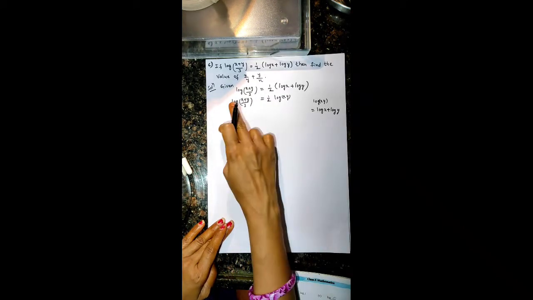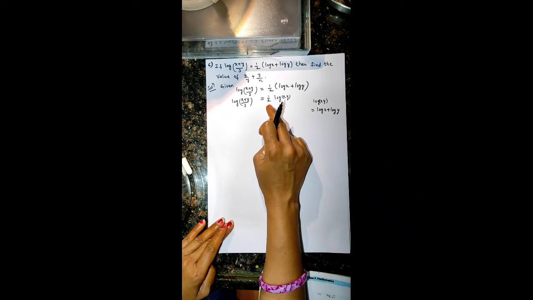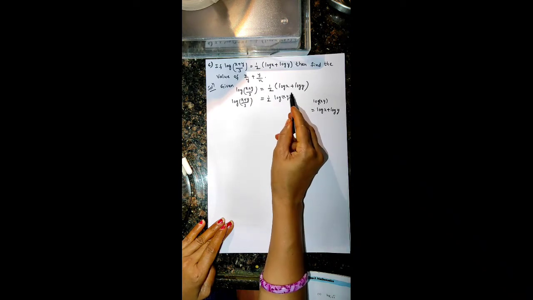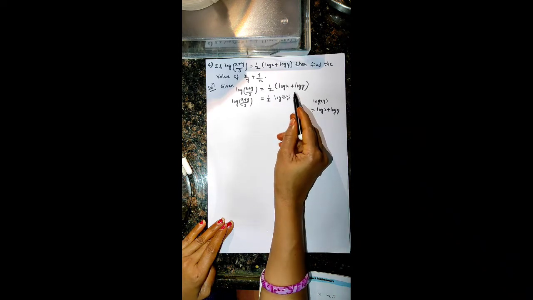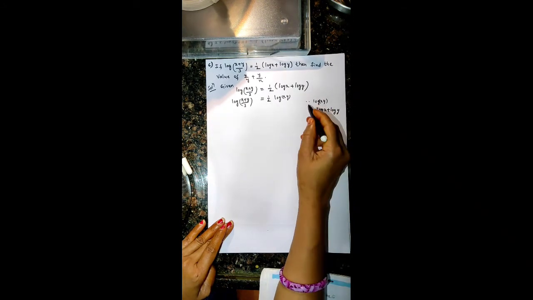Now, can we cancel these two? No, because before the log also one number we have. So we have to take this number inside by using the power rule. Okay, what is the power rule?